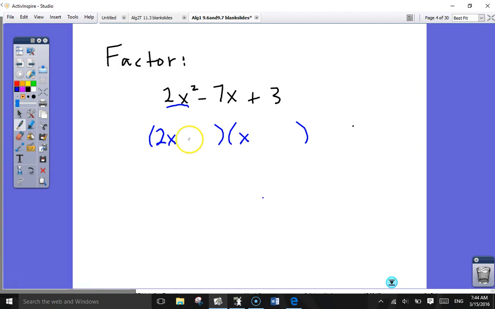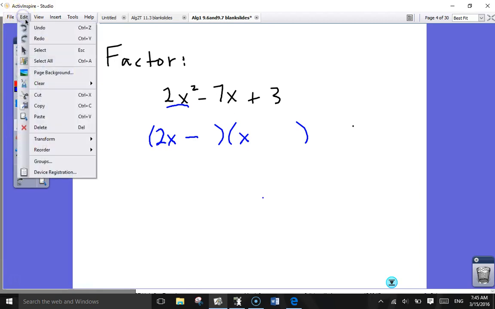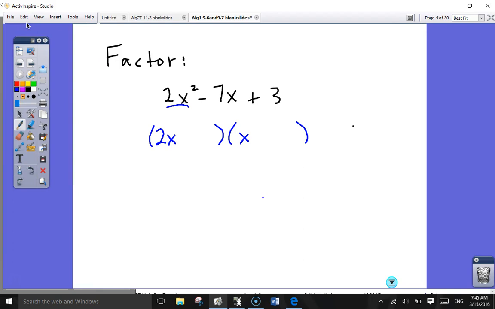Now, the only question is, should this be positive 1 times positive 3 or negative 1 times negative 3? Given that the middle number is negative, probably the factors of 3 that we would be looking for are negative 1 times negative 3.